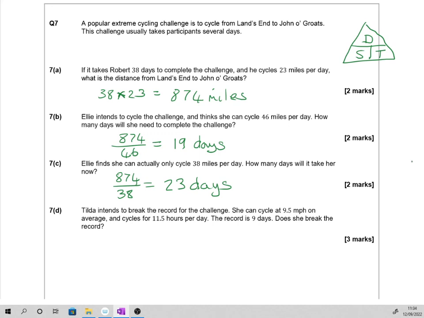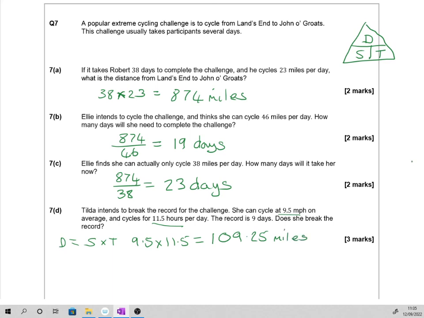Right, so we need to find out the distance, how far she can do in a day. Distance is speed times the time. The speed is 9.5 and the time is 11.5. So 9.5 times 11.5 is 109.25 miles every day.